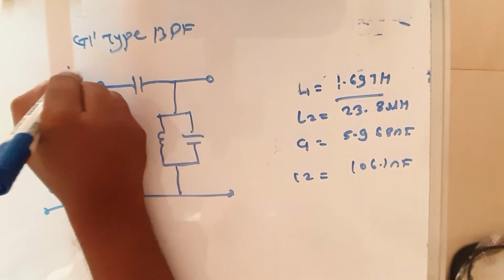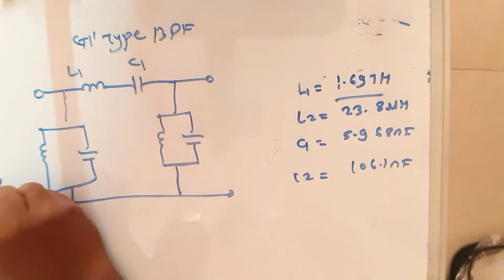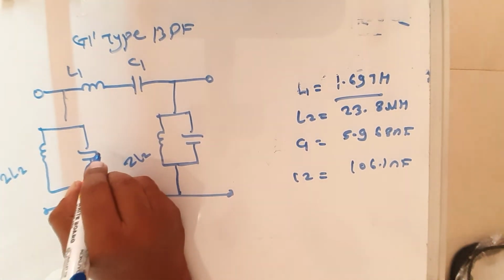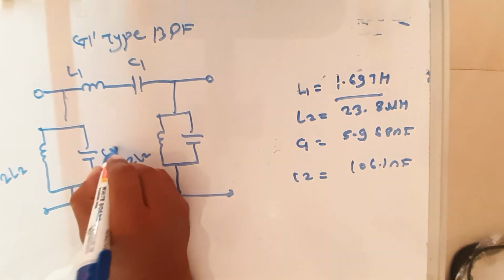Okay, so this is L1 C1, this will be twice L2 and C2 by 2.